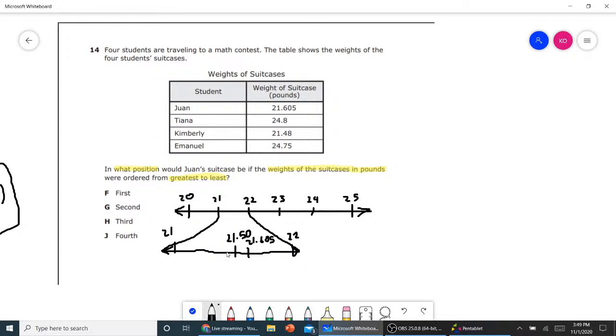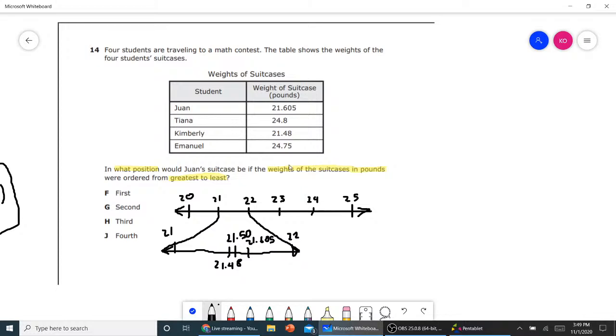So it would be pretty close to 21.5, but it wouldn't be exact. Let's make this 21.48.